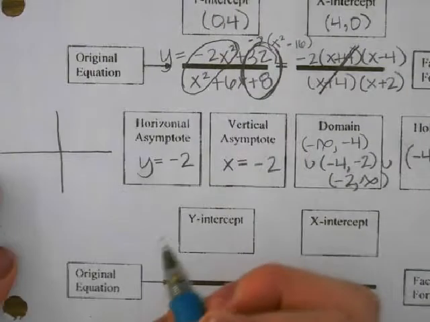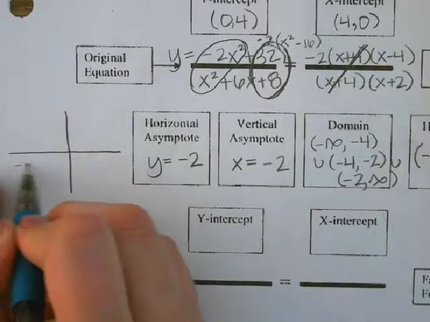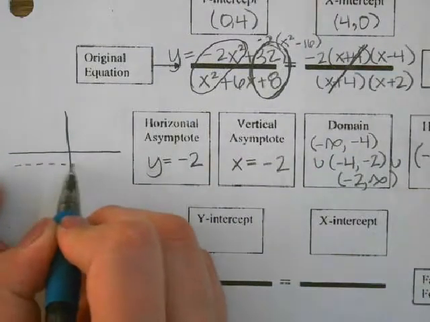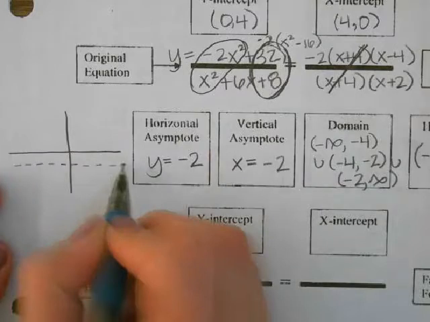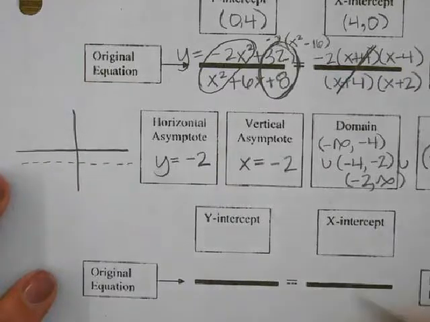On your graph paper, let's graph the horizontal asymptote at y equals negative 2. And we've got a vertical asymptote at x equals negative 2.